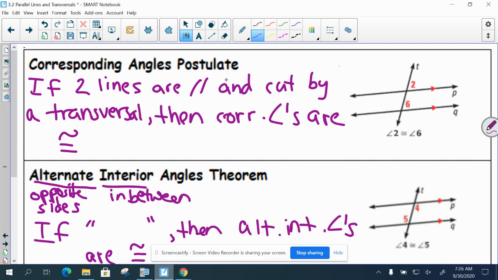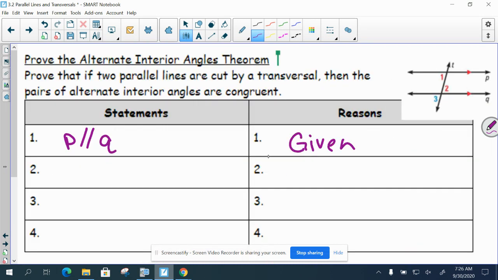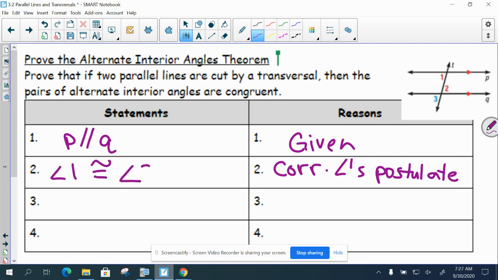In postulates, we don't have to prove them in order to use them in a proof. So we're going to use the corresponding angles postulate to say that the corresponding angles here marked in the diagram, 1 and 3, are congruent. Angle 1 is congruent with angle 3.